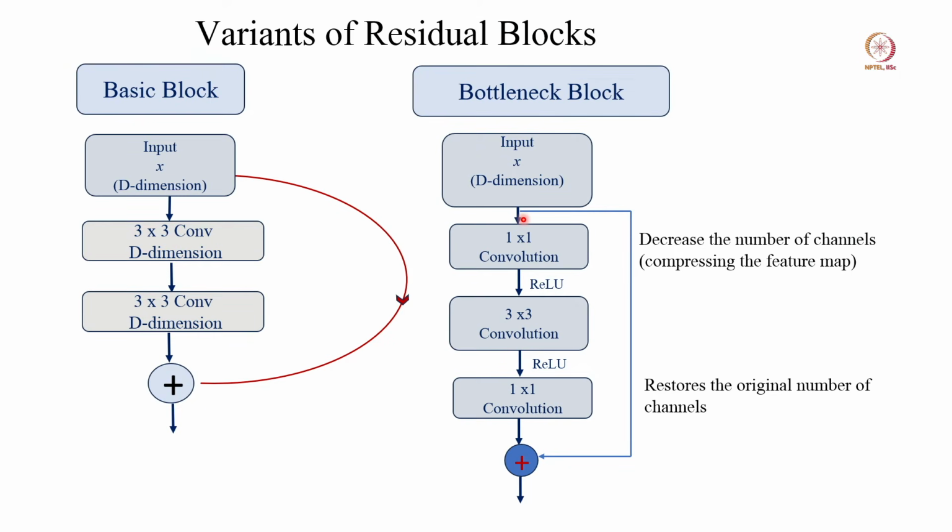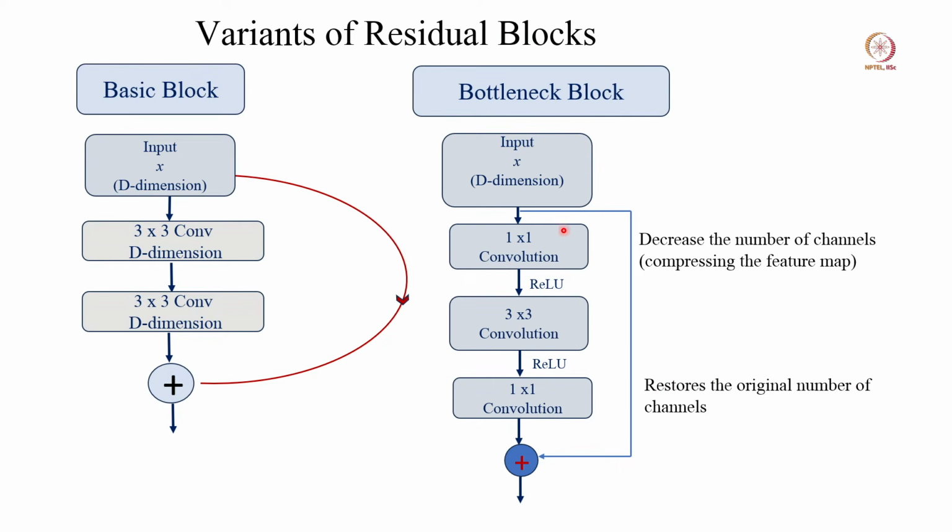So, here this 1 cross 1 convolution decreases the number of channels, then in that decreased channel feature map 3 cross 3 convolution is used, and then once again 1 cross 1 convolution is applied to the output of the 3 cross 3 convolution, and what does this 1 cross 1 convolution do? It restores the original number of channels.